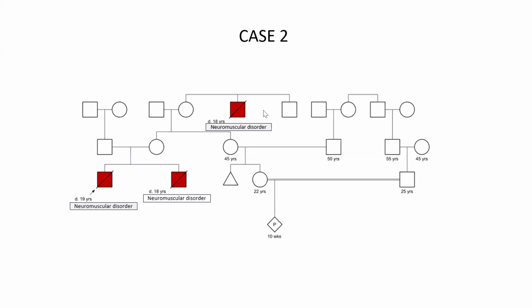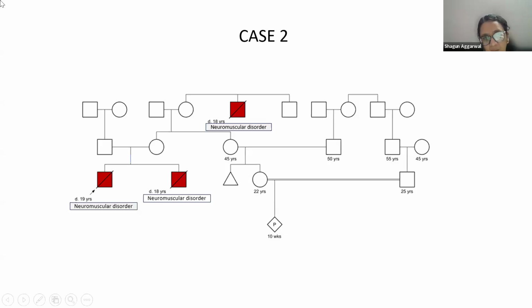So what we have here now is that we are seeing these male individuals affected, and all females are healthy. That immediately should raise suspicion that it is probably an X-linked recessive condition. The other clue is that these males are all connected through these females, and all these females are healthy.